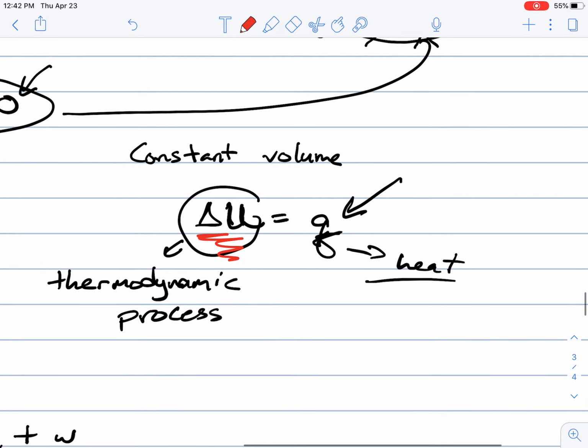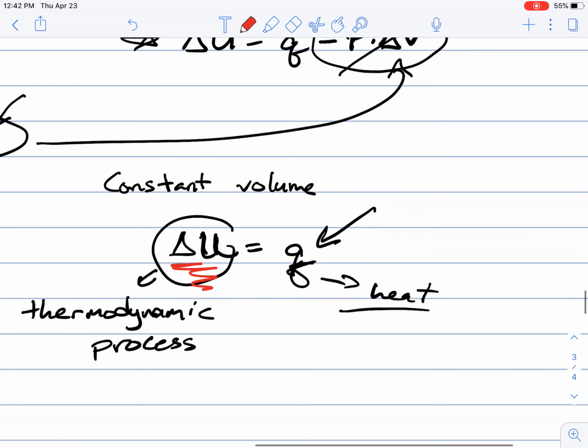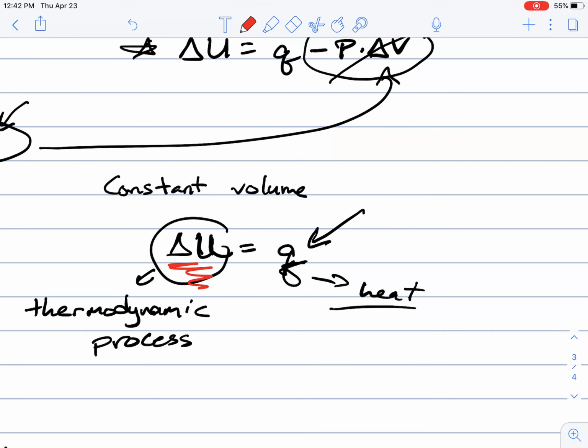And that's super powerful because now we're going from something that can be measured macroscopically to something that translates to us understanding the thermodynamic process of what happened in the bomb calorimeter. Okay.